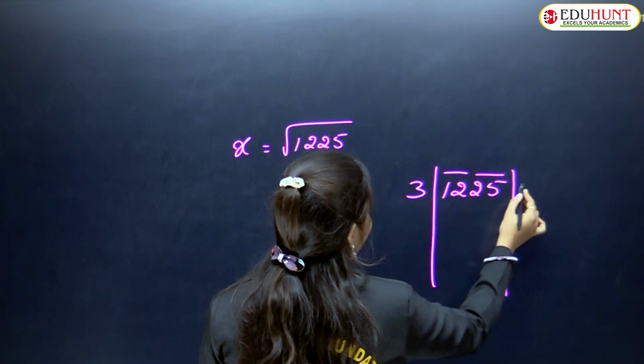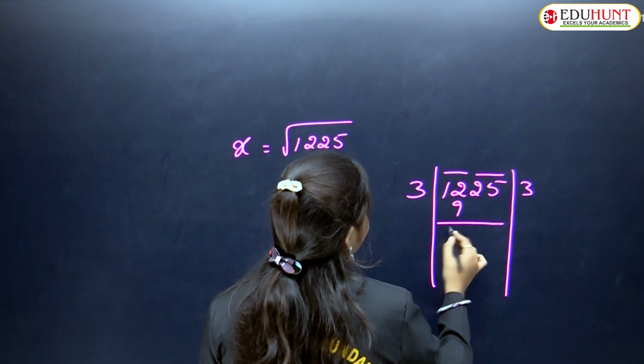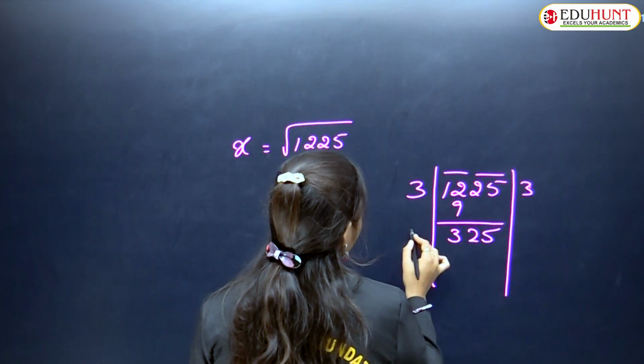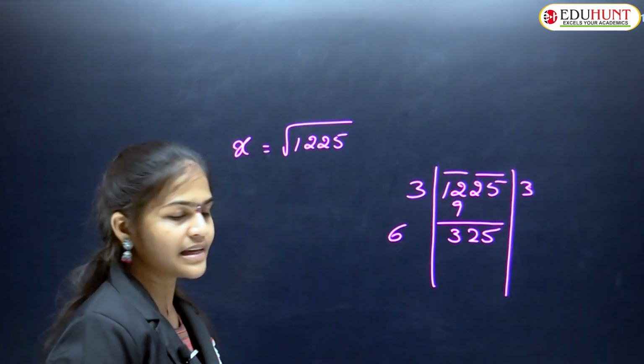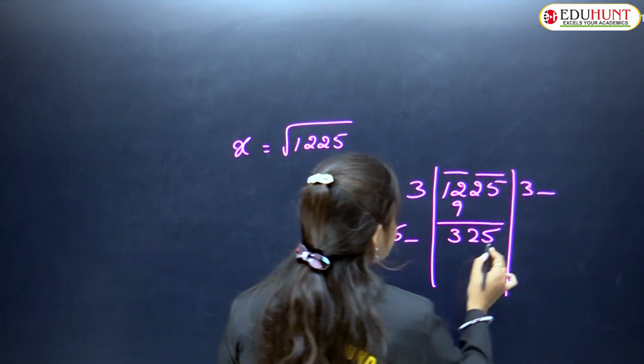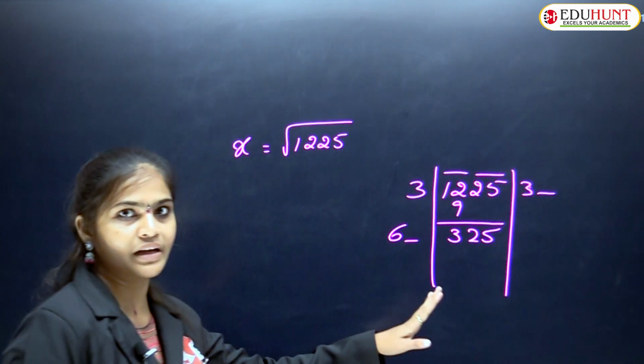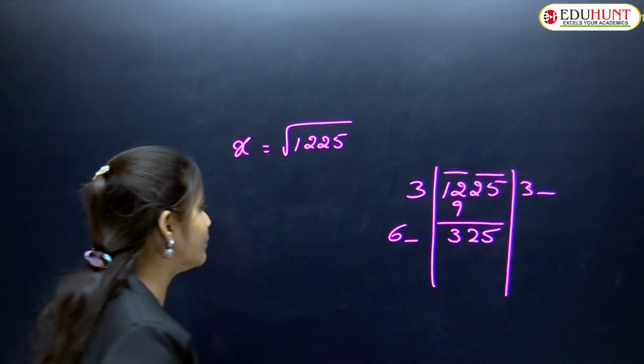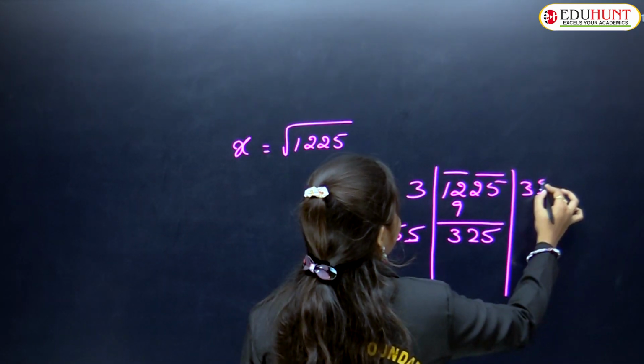Here the nearest value is 3, 3 threes are 9. The leftover is 325. 3 plus 3 is 6. And this number is ending with 5, and ending with 5 means only one possibility is there. What is that? That is 5. So here 5 and here also 5.